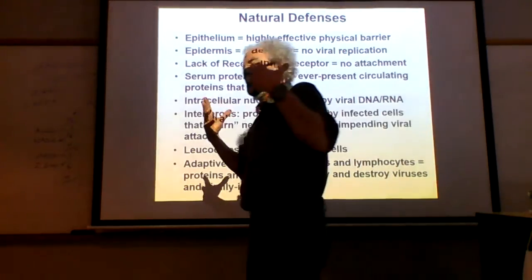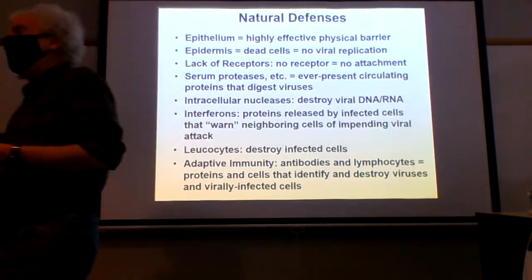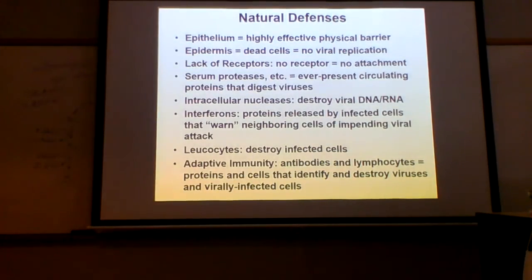The viruses that get into our bloodstream, there are a whole range of different sort of defense molecules, things like proteases. They are always floating around. They can begin breaking down foreign molecules. There are inside the cell a range of nucleases that are going to actually attack the invading DNA and RNA.